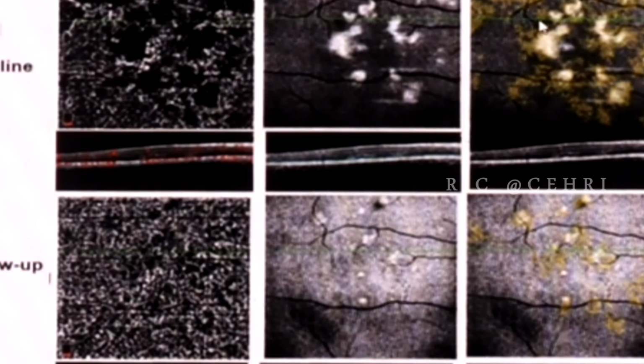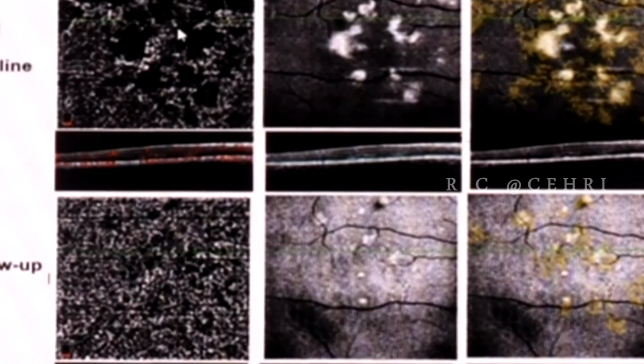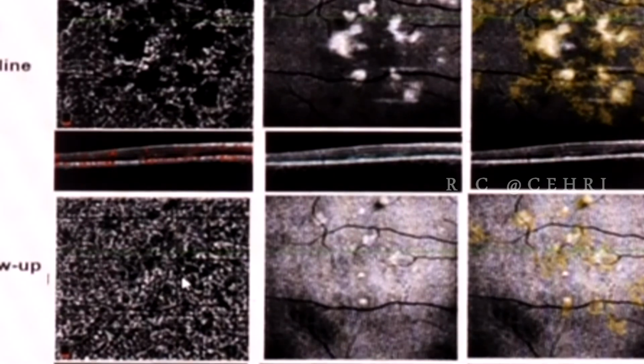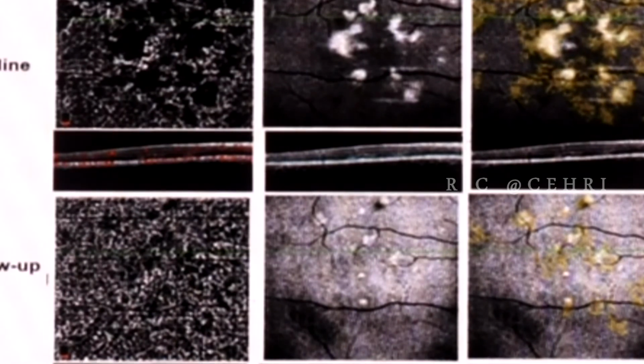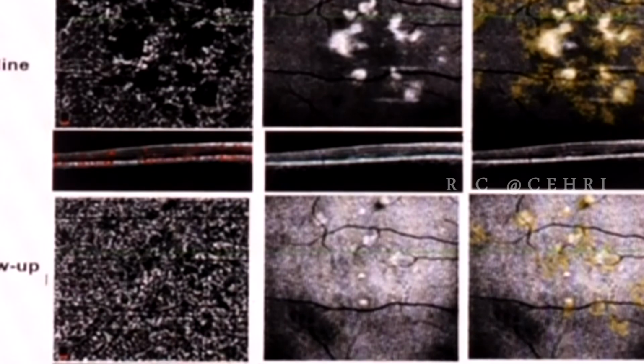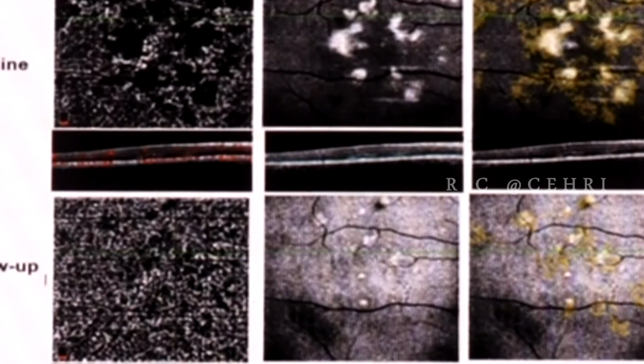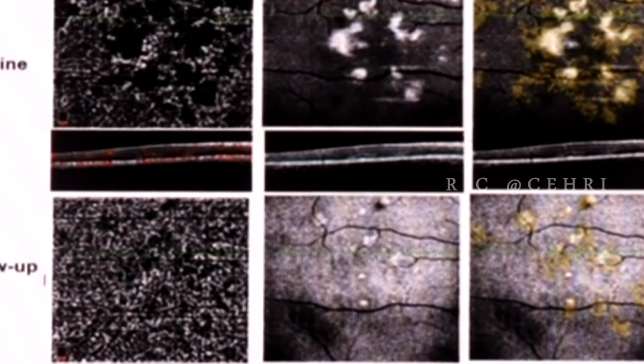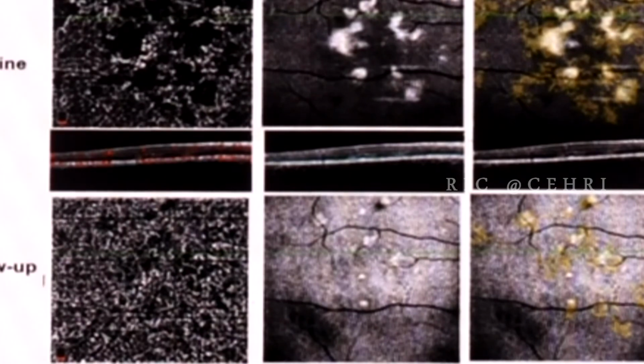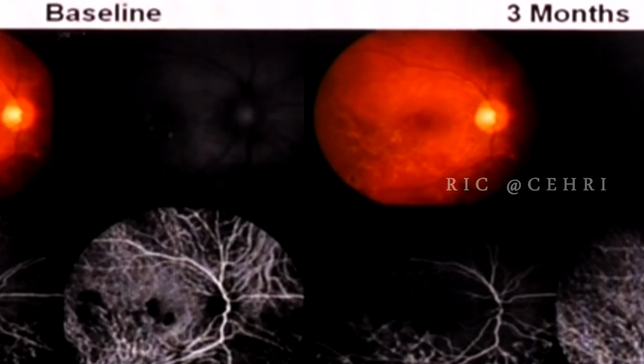So if you have these multifocal lesions which are dark, during the follow-up you can actually get the reversal of ischemia, because that ischemia is probably secondary to the inflammation and not primary ischemia of the choriocapillaries. So in multifocal choroiditis, in all the 10 eyes, we found the flow deficit area decreased in size with therapy and resolved at final follow-up.